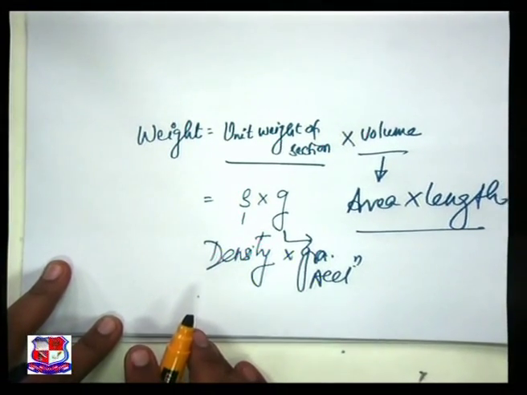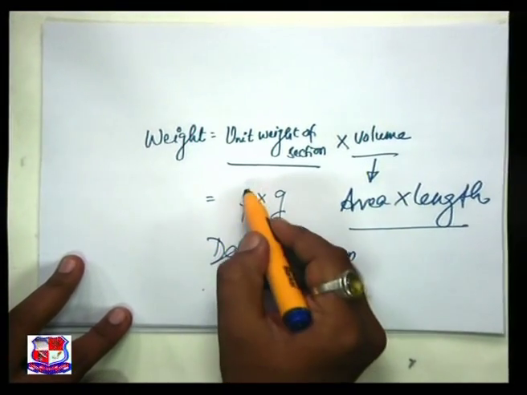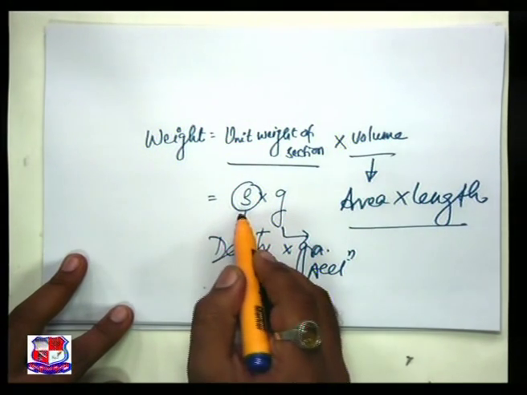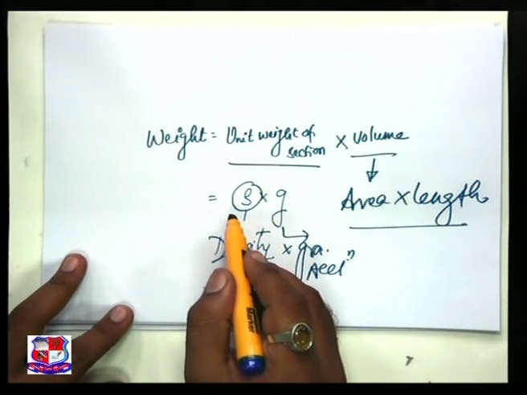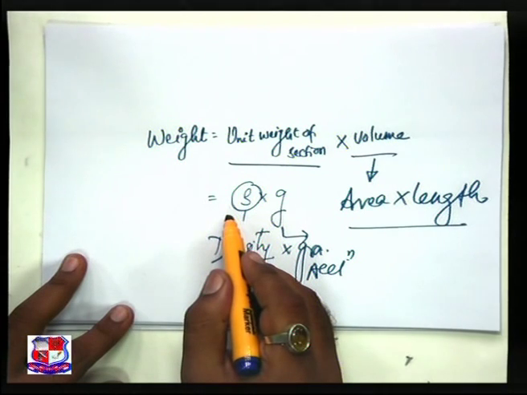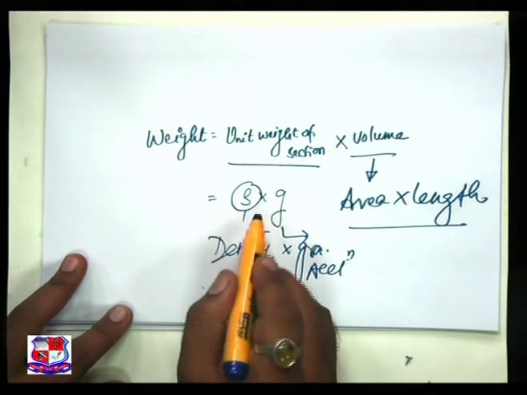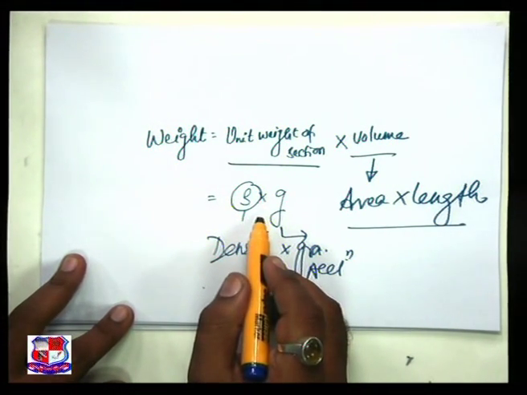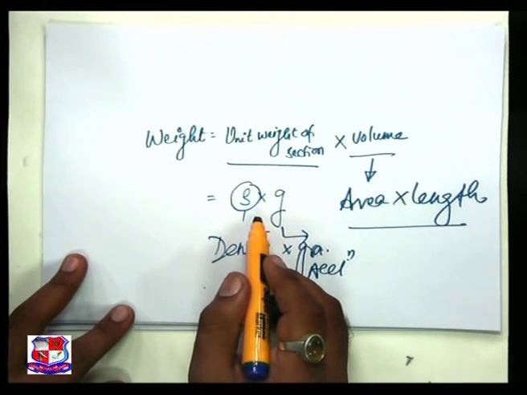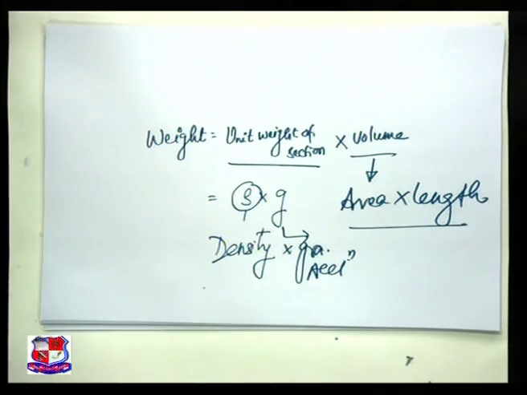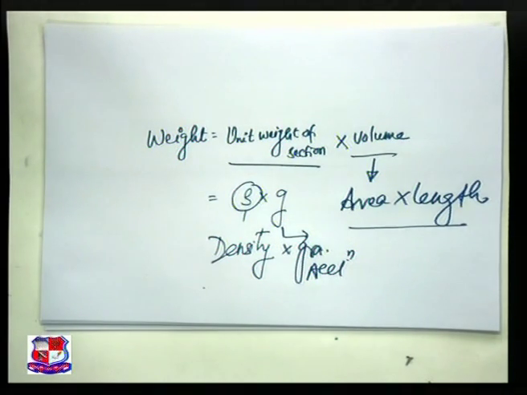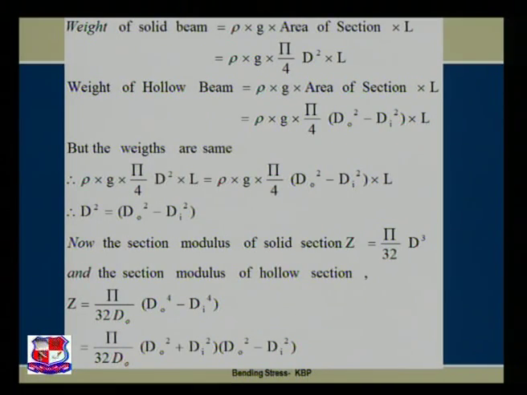Now, clearly observe that this density which is given to us is the same for both the materials as the material is the same. G is also constant for both. So, if we come to this PPT, then the weight of the solid beam is rho G multiplied by the area of section multiplied by L, where area of section is pi by 4 d square.